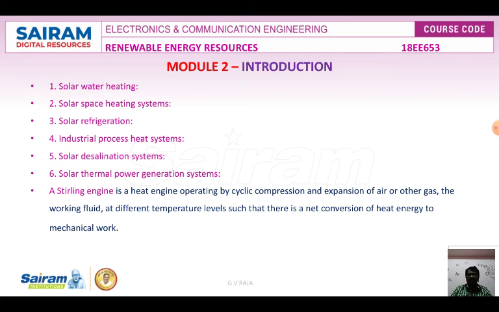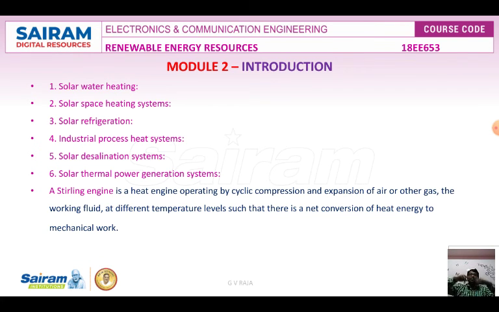And solar thermal power generation, in the sense, includes a parabolic trough system and power tower, that is a heliostat power tower system, and central receiver system, as well as a parabolic dish system, and the Stirling engine system can also be used for power generation. So Stirling engine, in the sense, is a heat engine operating by cyclic compression and expansion.